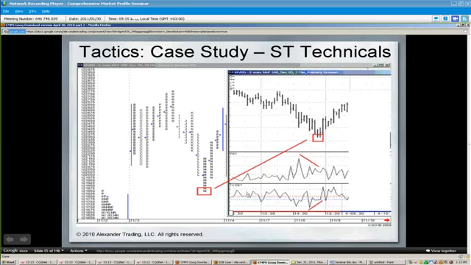Now we do look at tick in the room, and tick is the net change at a point in time between the stocks traded on the bid versus stocks traded on the ask. And it will tend to diverge at extremes. Frankly, it's going to give you almost always the same information that volume is going to give you, and so in the interest of keeping things simple, I would just use volume.